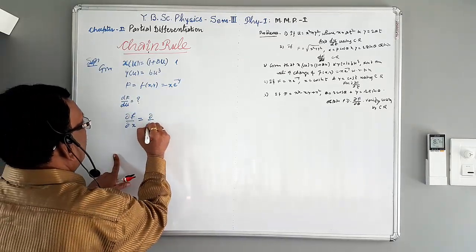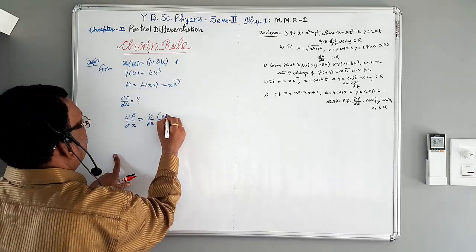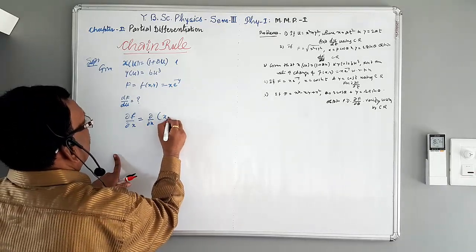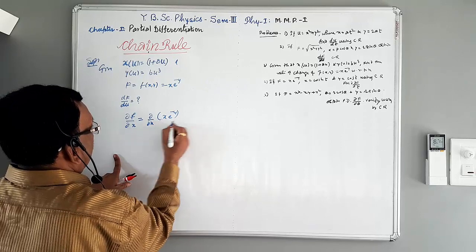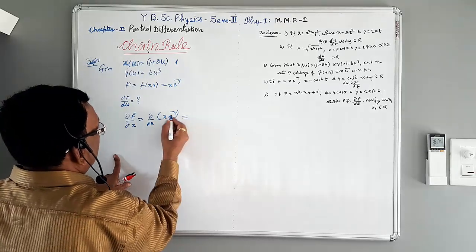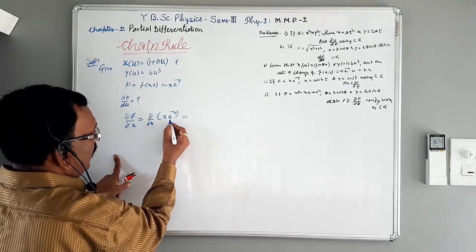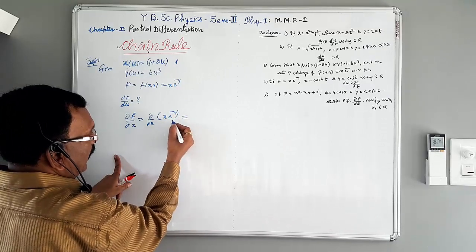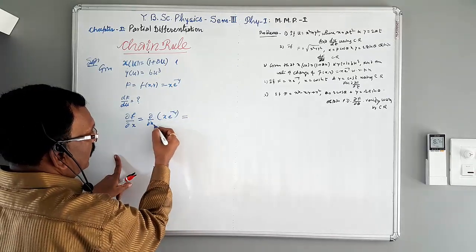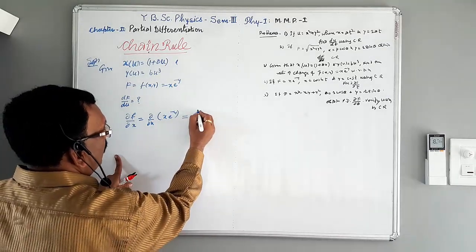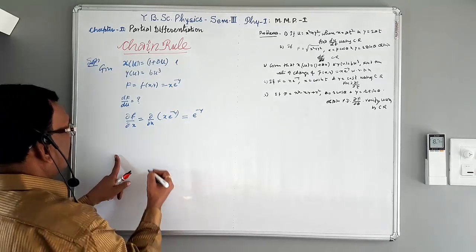Therefore delta by delta x of x into e raised to minus y, and when we take the differentiation of x e raised to minus y with respect to x, then we get e raised to minus y.